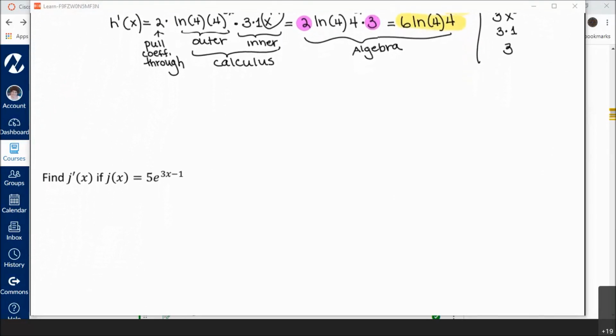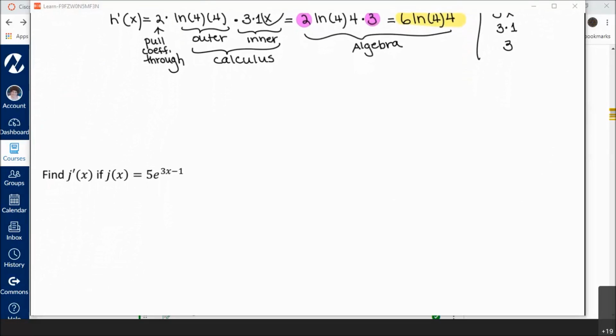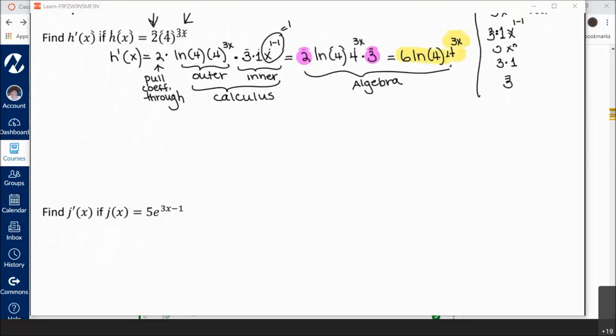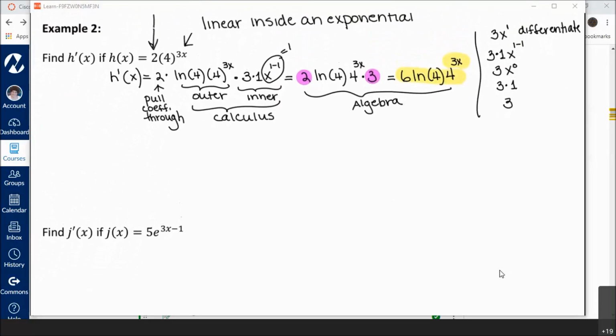Okay, why don't you try J? Okay, I'll try to leave as much of this up as I can. See if you can find J prime. I'll be done when you're finished. Find J prime right here.